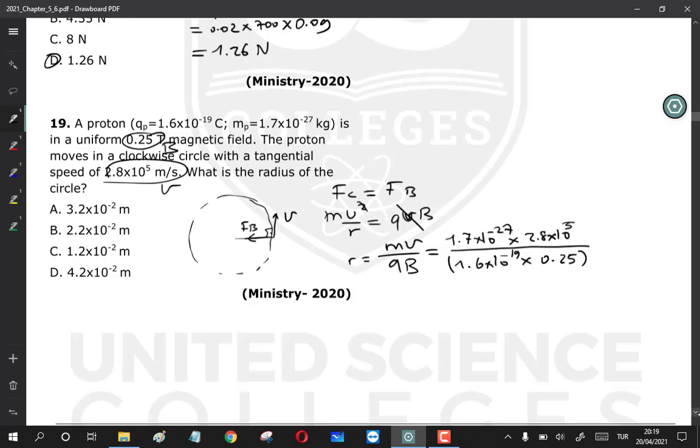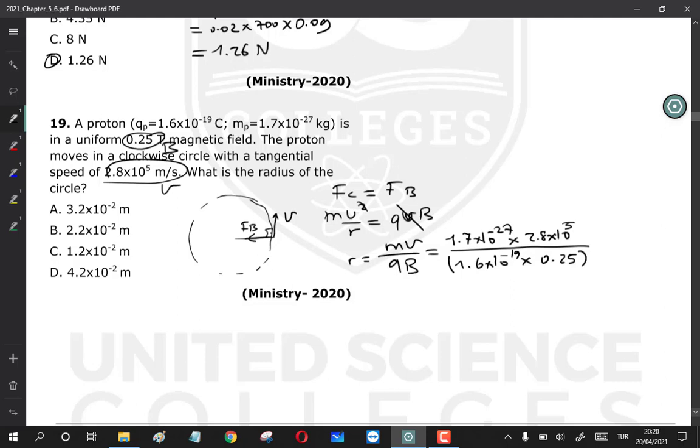Now use your calculator. 1.7 times 10 to the power of negative 27 times 2.8 times 10 to the power of 5 divided by bracket 1.6 times 10 to the power of negative 19 times 0.25, close the bracket.